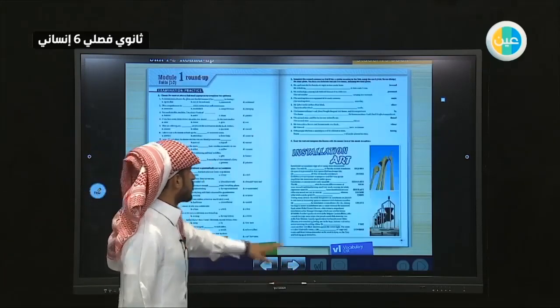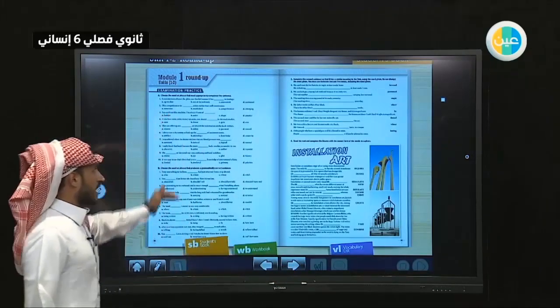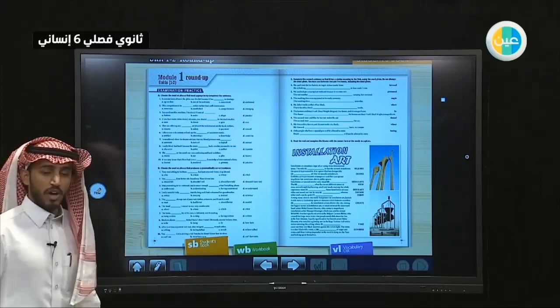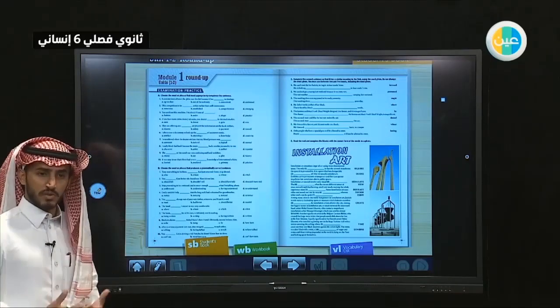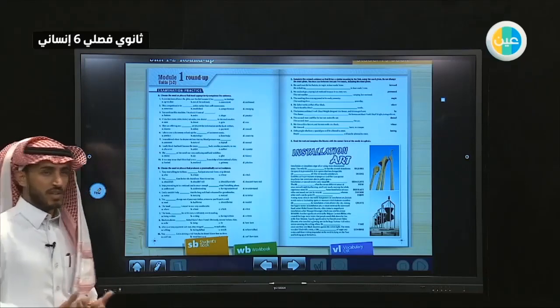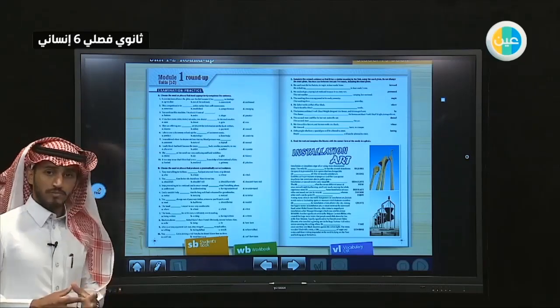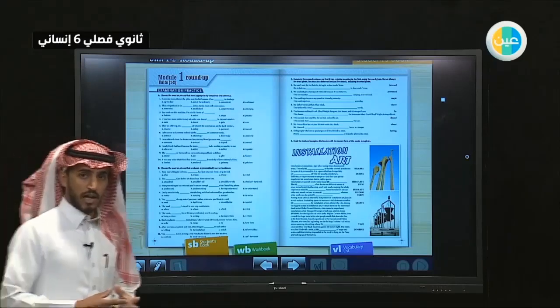Then today we have this, our lesson today. It is a roundup. In the roundup we are trying to revise everything that we have learned in the first and the second unit.